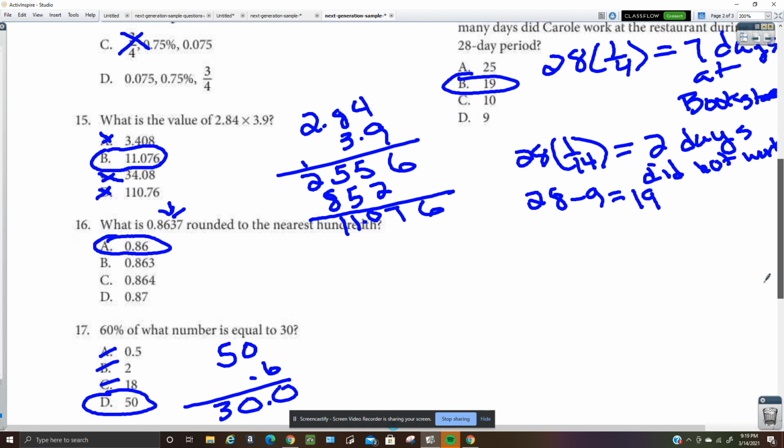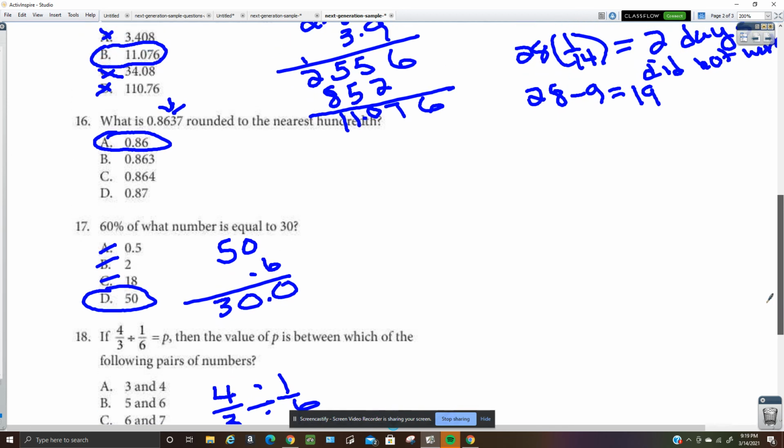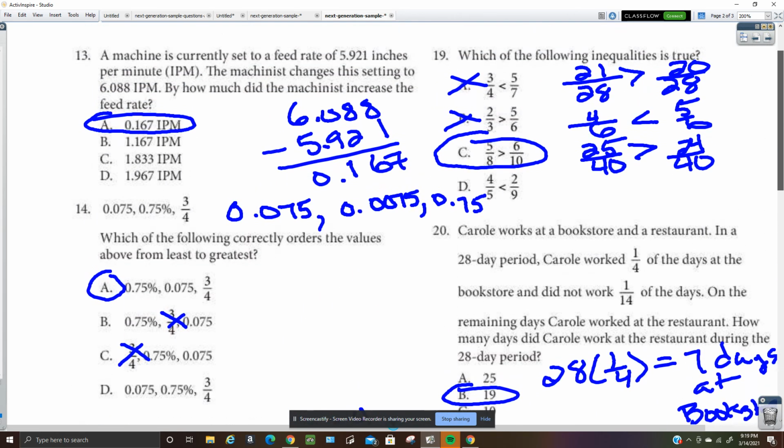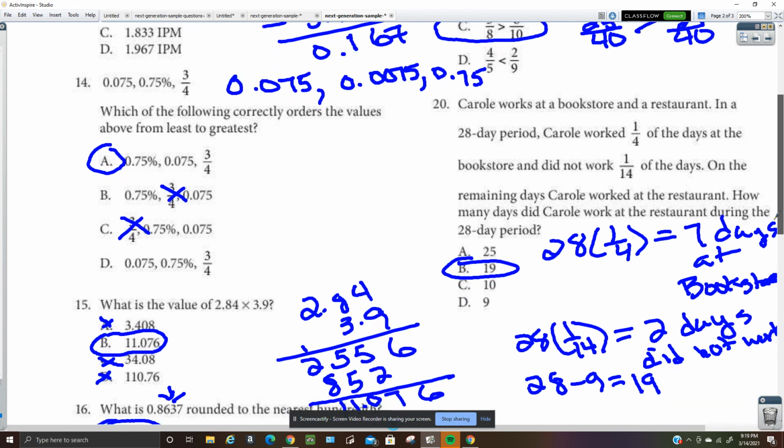Seventeen is D as in Delta, 18 D as in Delta, 19 C, and 20 B as in Bravo.